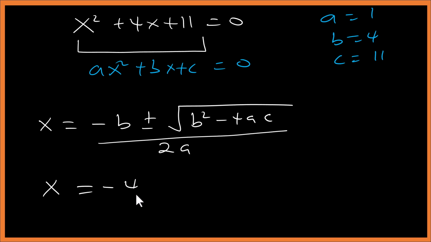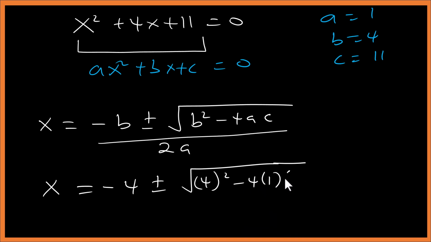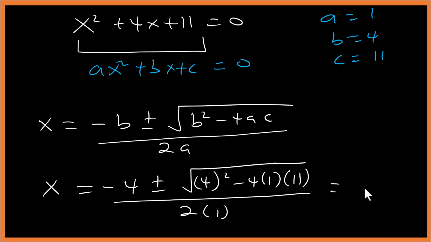Minus 4 plus or minus the square root of 4 squared minus 4 times a times c, over 2 times 1. So we have minus 4 plus or minus, so 4 squared is 16, minus 44, on 2.